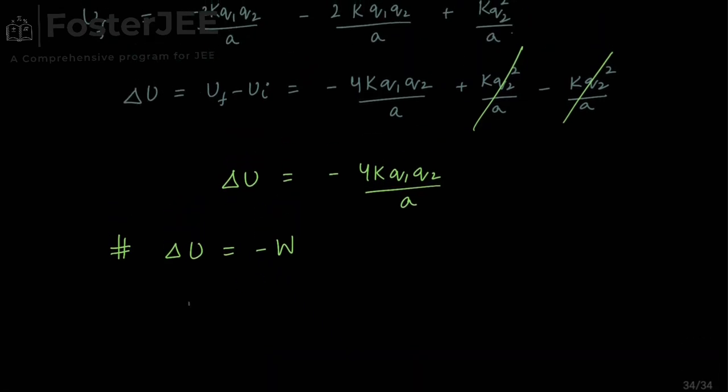Hence the work done will be minus of minus 4K Q1 Q2 upon A, which is 4K Q1 Q2 upon A.